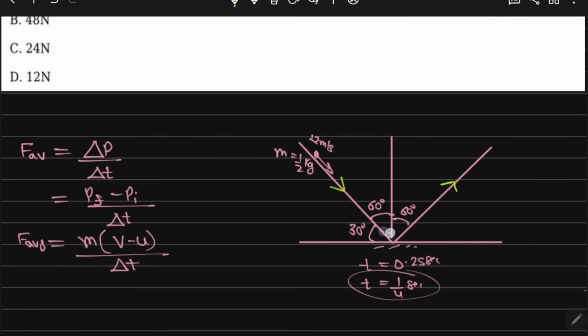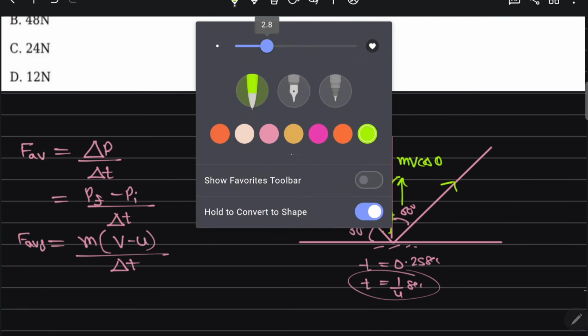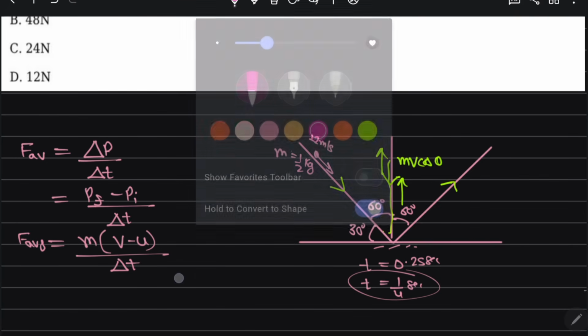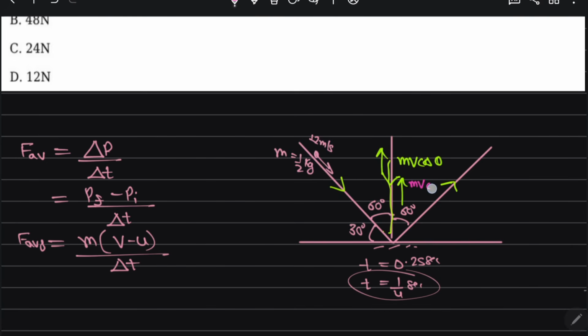So if I resolve this, this comes out to be mv cos theta, and this is also mv cos theta. So they come out written like this.